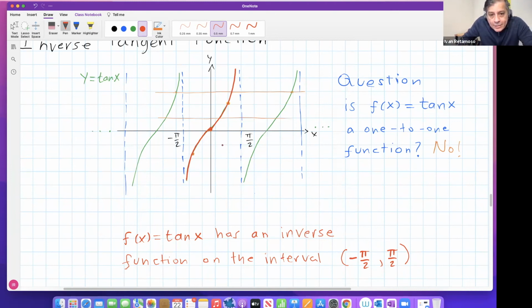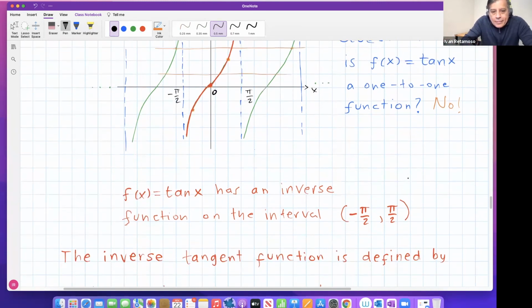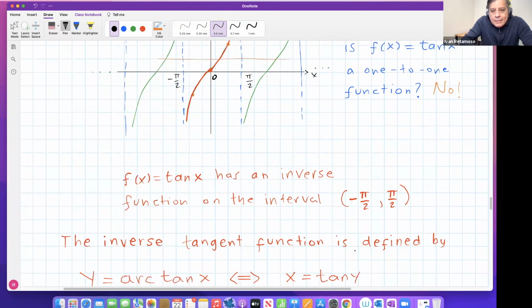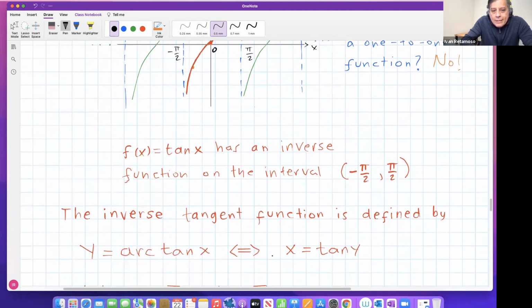So again, the search for an angle given a real number has to be done between the first quadrant from 0 to pi over 2, or the fourth quadrant from 0 to minus pi over 2, just like we did for the sine function. Very good. So the inverse tangent function is defined formally as this: y equal arctangent of x.